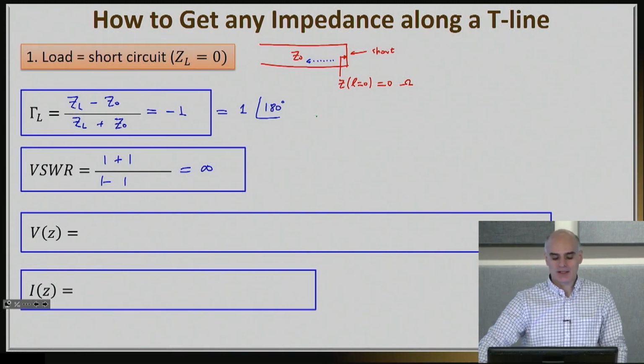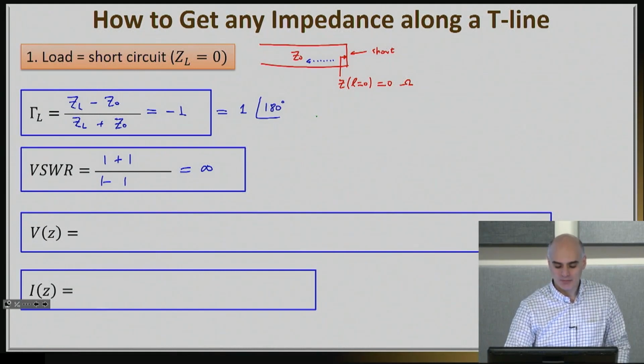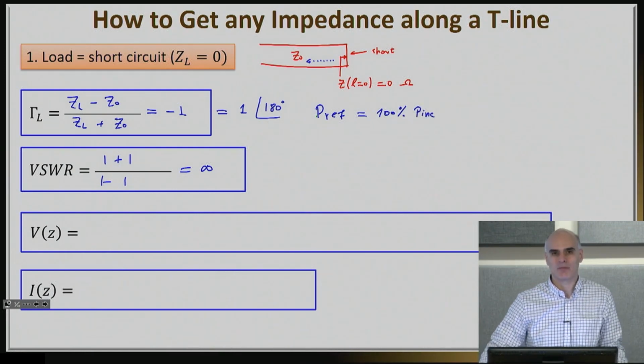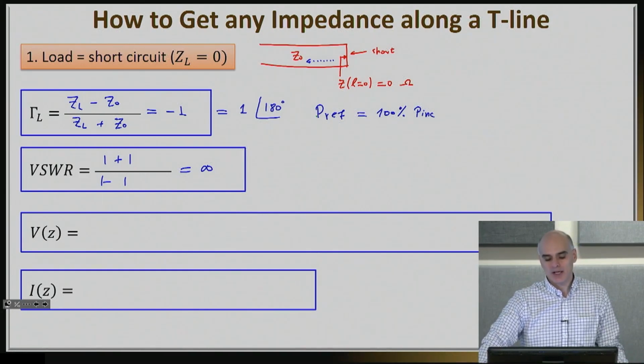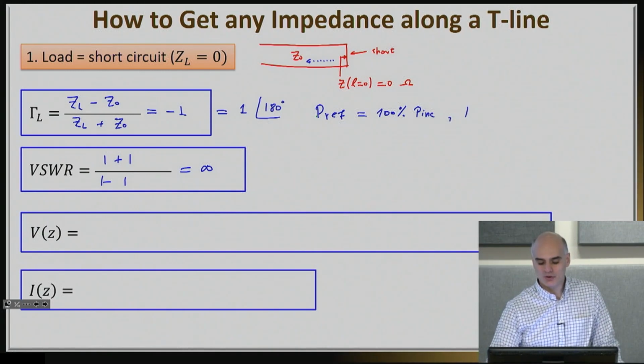Even though I'm not writing it here explicitly, I do want to remind you that this means P reflected is going to be equal to 100% of the P incident, since the magnitude of gamma L is equal to 1. That should not surprise you, because the short circuit consumes no power. So the power at the load, which is the incident minus the reflected, should be equal to 0.